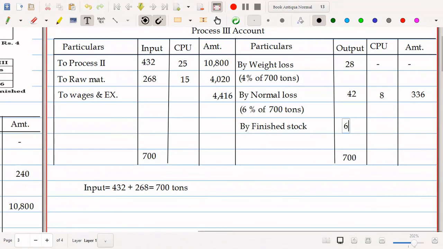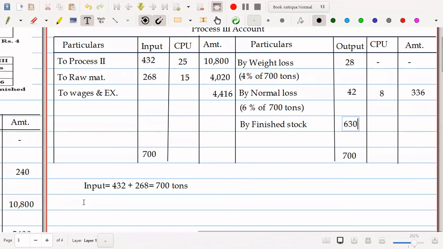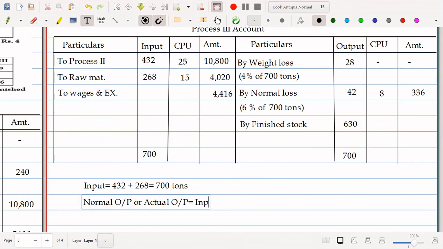This is 630 tons. Now we have to go for the working note, that is normal output. Normal output or actual output, because there is no abnormal loss or gain, so both are the same now.